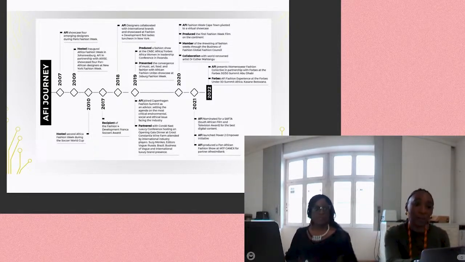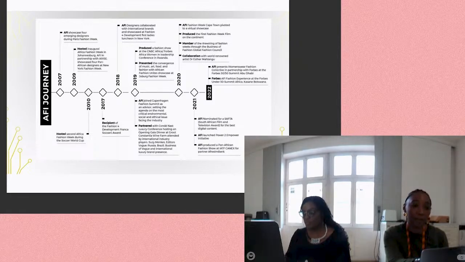And you can see from the timeline, so in 2019, they were able to even host more activities and present more fashion platforms to the designers. So within a span of 10 years, you could see slowly there was more that they could offer to the fashion brands, African fashion brands.